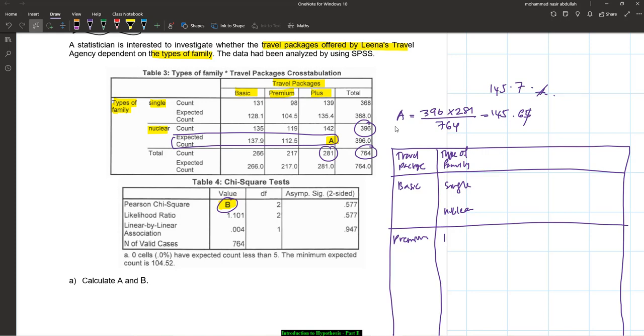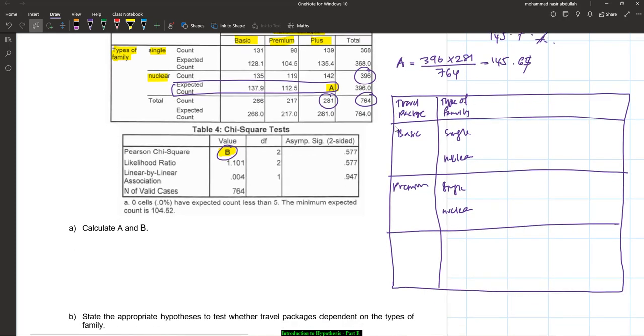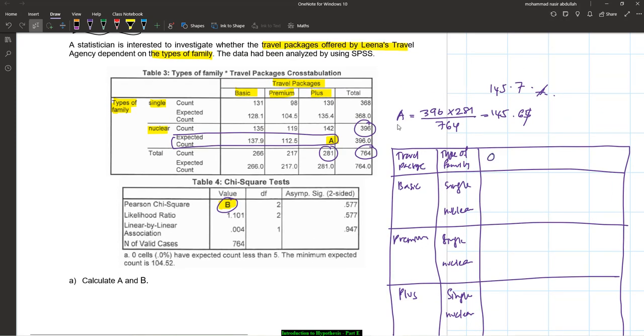We have single and nuclear, and the last one here we have plus single and nuclear as well, right? And then baru kita masuk the value of observed and expected, right?